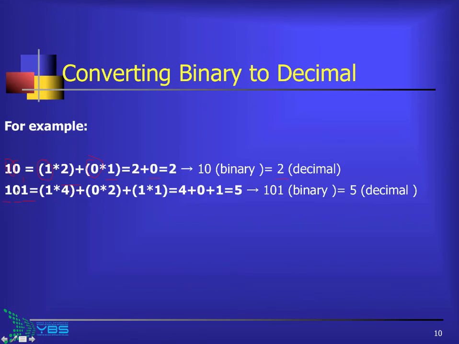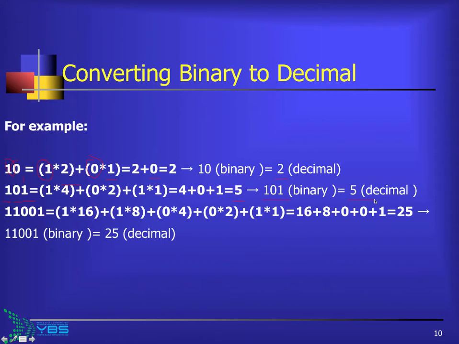Remember that 2 over 1 multiplied by 0: 2 over 1 is 2, 2 times 0 is 0. Then 2 over 2, or power 2, is simply 4. 4 times 1 means 4. Then add each other, 4, 0, 1, it makes 5. Then we can say that 101 in the binary system is equal to the number 5.